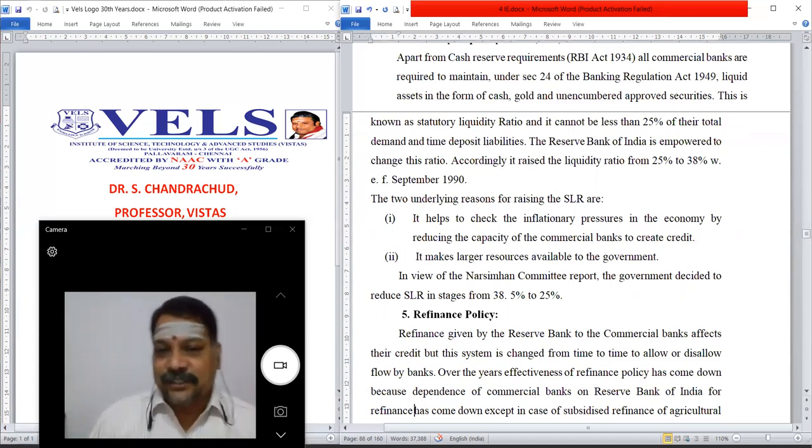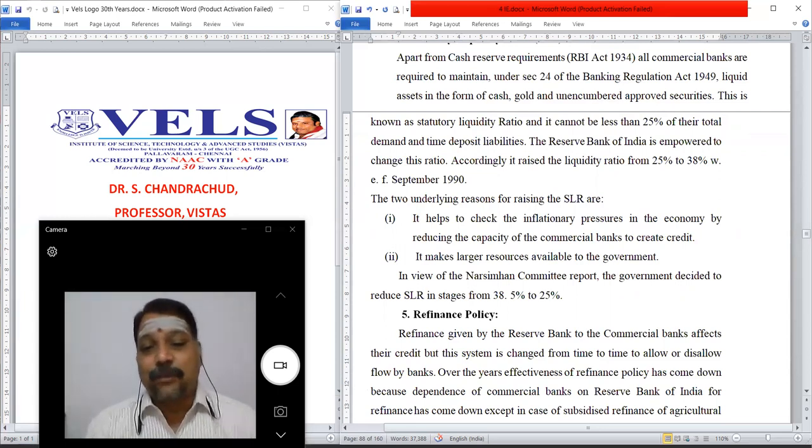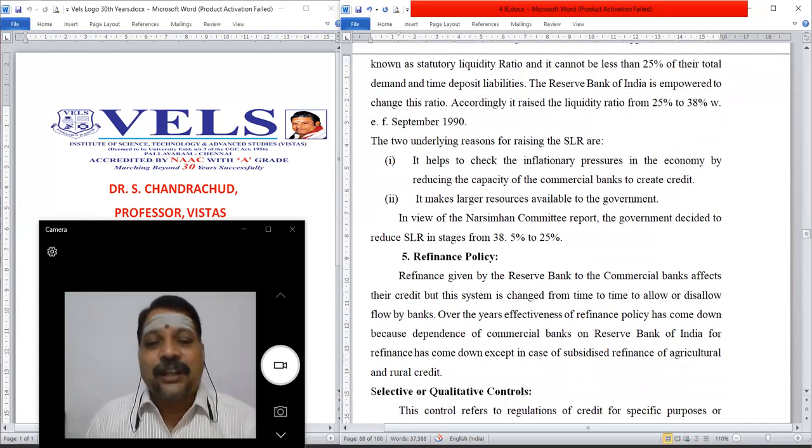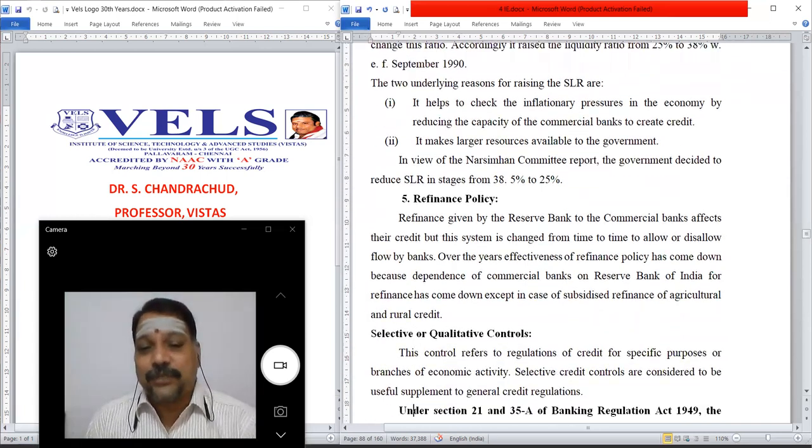This is the first advantage that we have. The second one, it makes larger resources available to the government. In view of the Narasimham Committee report, the government decided to reduce SLR in stages from 38 to 25%. So that committee recommendation has been taken, and now in the post-liberalization period, the SLR is 25%.